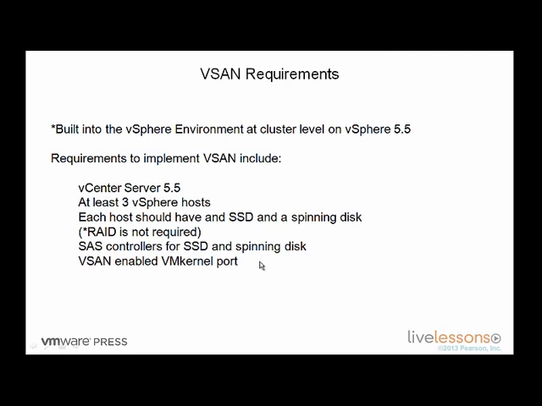And there's actually a checkbox when you create a VM kernel port on vSphere 5.5 to check it for VSAN services. It doesn't necessarily have to be its own physical NIC, although, as you know, that's a good best practice, to have every separate service have its own separate physical NIC.